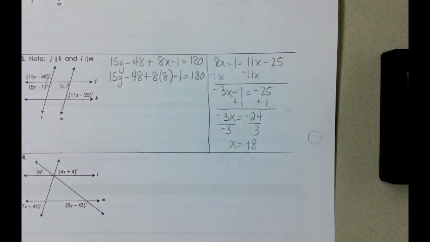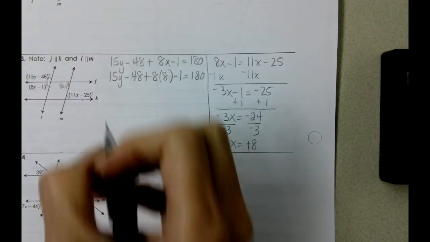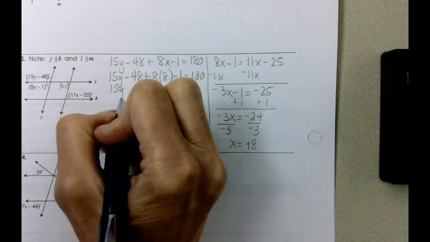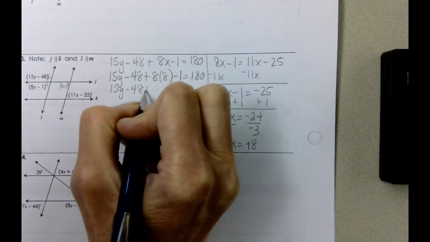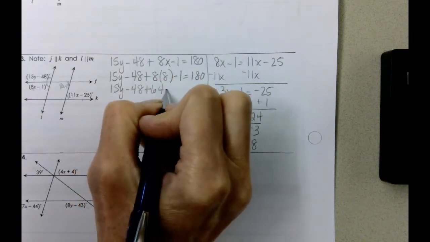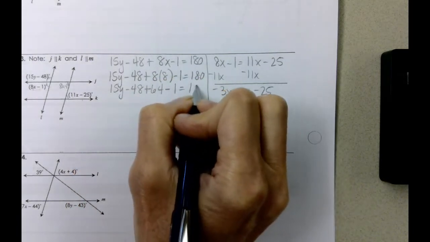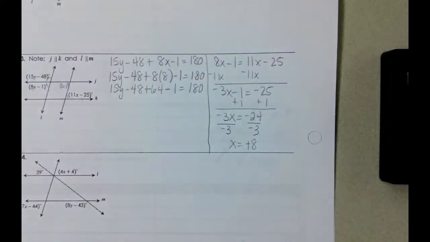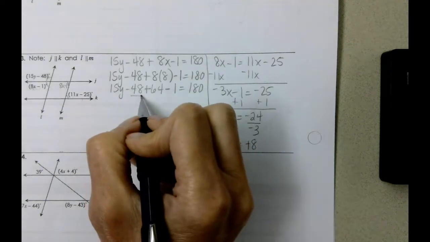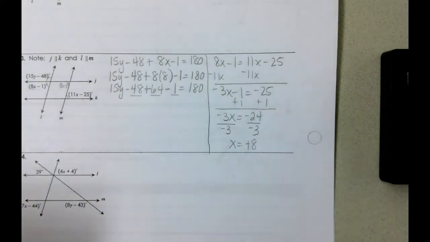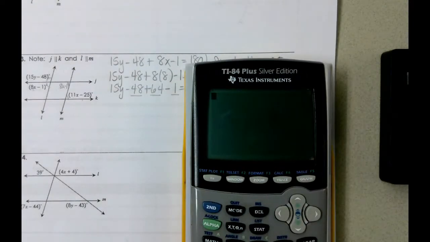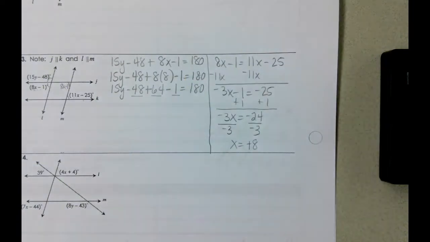Again, use Desmos if you need to. 8 times 8 is 64. And if we take a minute here to combine our like terms, negative 48, 64, and 1, I'll just pull up my calculator. Negative 48 plus 64 minus 1 gives us 15.